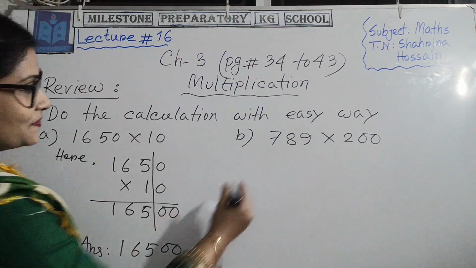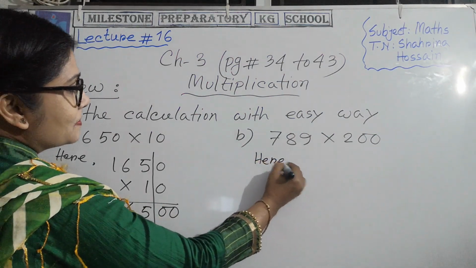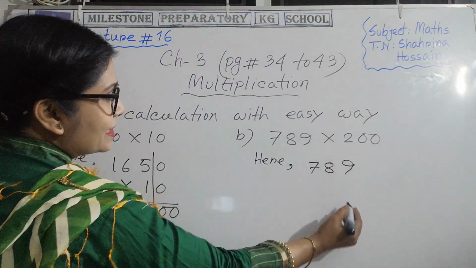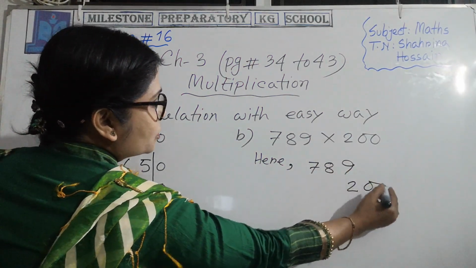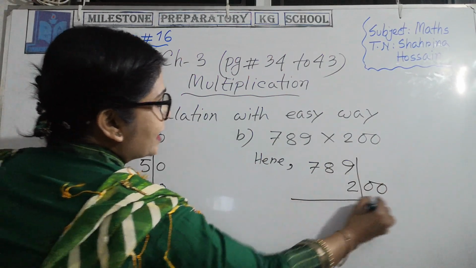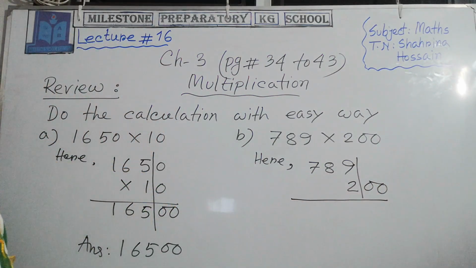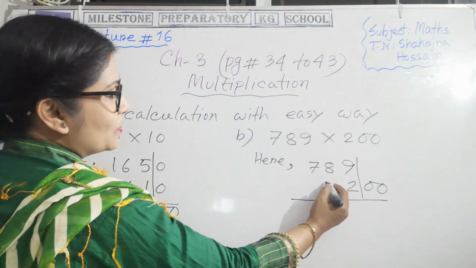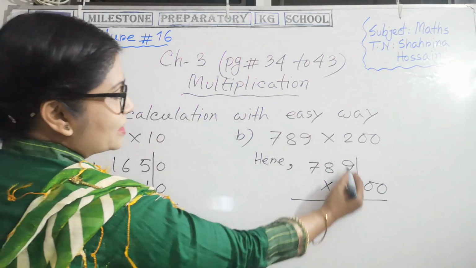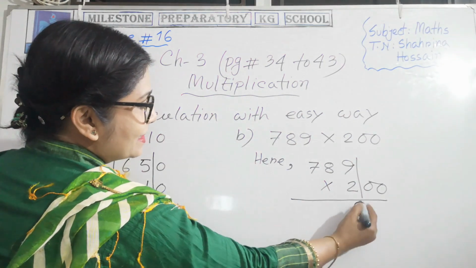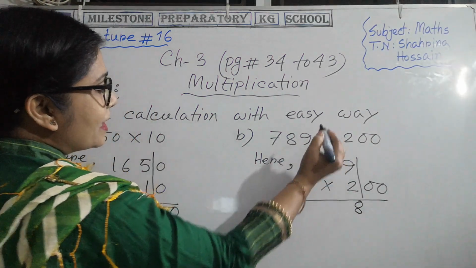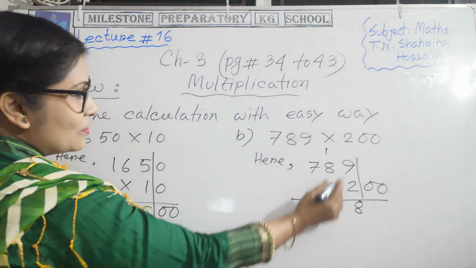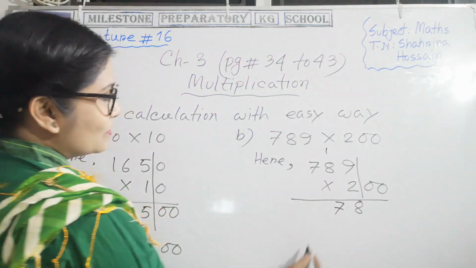Now the second one. Here 789 multiplied by 200. Again we will make a line. I will draw a line to separate the 0s. Now multiply. 2 9s are 18. 8 is here, 1 is in our hand. 2 8s are 16. 16 plus 1 is 17.